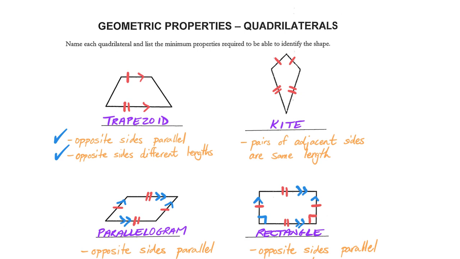If I meet those two criteria, one pair of opposite sides that are parallel, and the opposite sides are different lengths, then the only possible shape that I could draw would be a trapezoid.